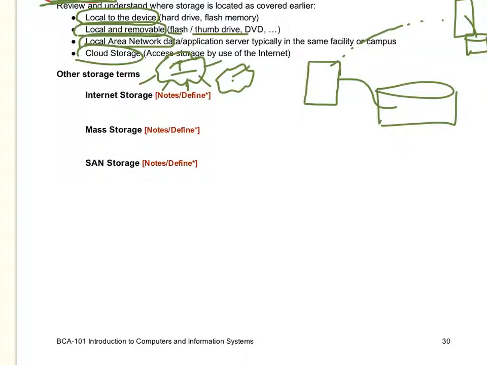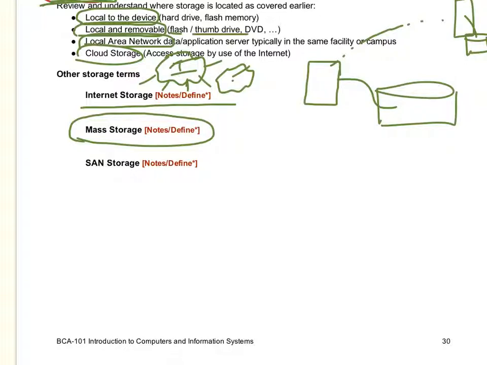To finish up then, I'm not going to spend very much time on these. There's ways to use internet storage to store stuff via the internet. Mass storage, there are systems set up to store huge amounts of data for analysis, like a company that develops huge amounts of data every day, store that.